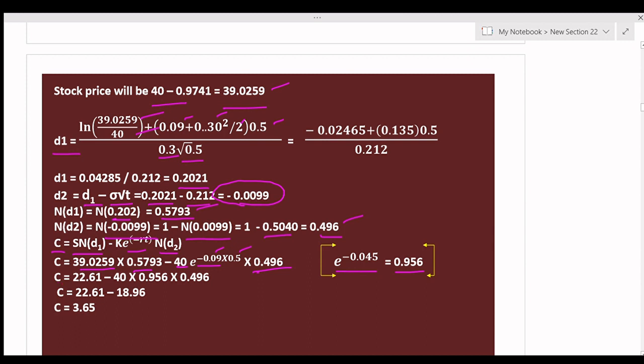So C will be 22.61 minus 40 into 0.956 into N(d2) 0.496. That will be C is equal to 3.65.